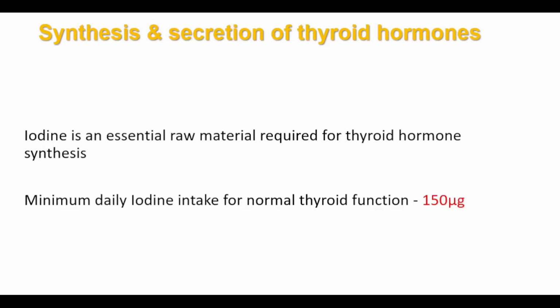Then the thyroid follicular cells will pick up this iodide from the blood circulation into the cell and will use this iodide or iodine to synthesize thyroid hormones. Iodine is taken from the blood circulation into the thyroid follicular cells as iodide. Iodide is a negatively charged ion. The minimum daily iodine intake for normal thyroid function is around 150 microgram.